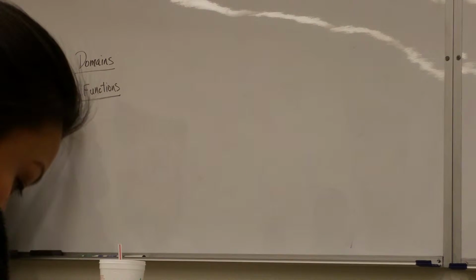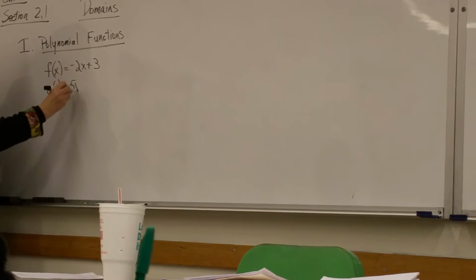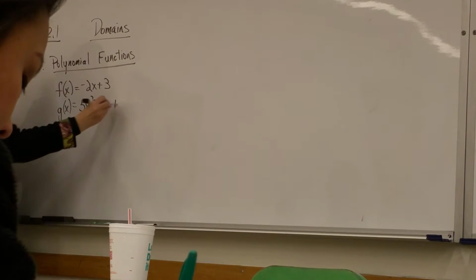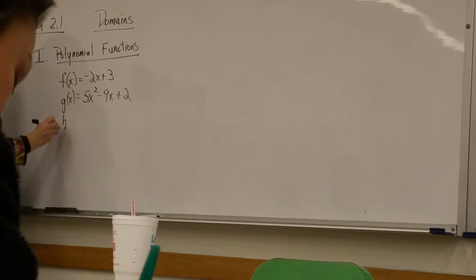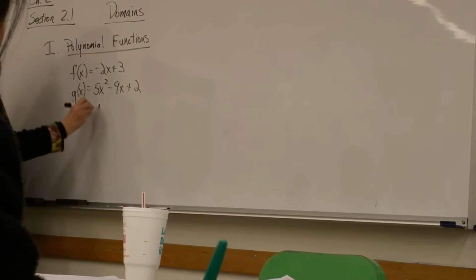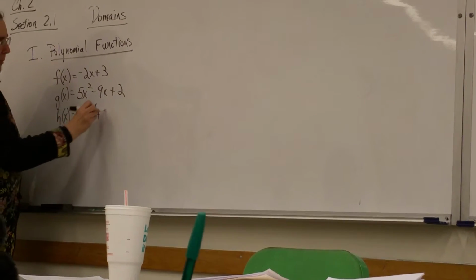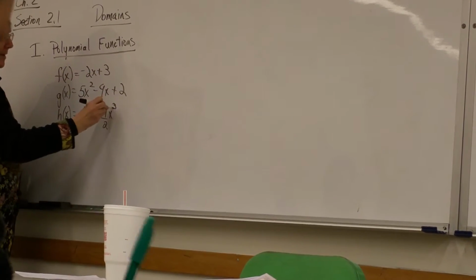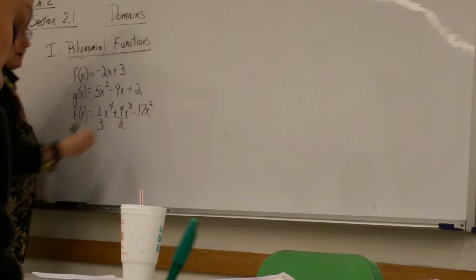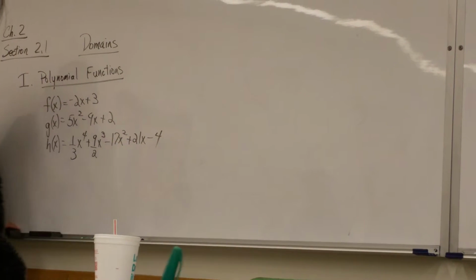Let's do f of x is negative 2x plus 3. g of x is 5x squared minus 9x plus 2. h of x is 1/3 x to the 4th plus 9/2 x cubed minus 17x squared plus 21x minus 4.